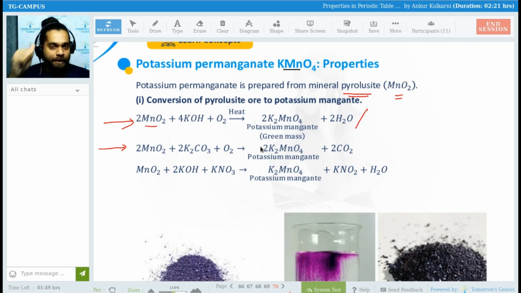So from MnO₂, we are getting K₂MnO₄. MnO₂ is nothing but pyrolusite.